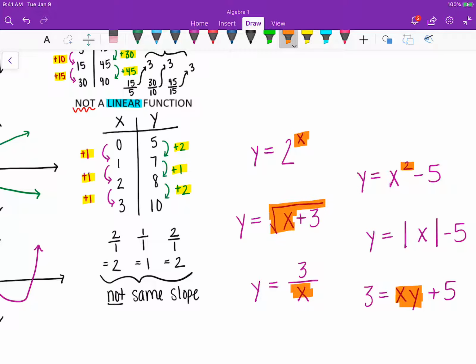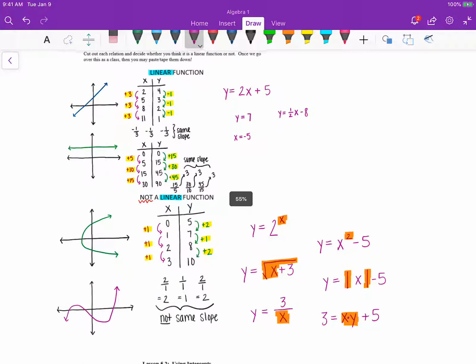X sitting in the bottom of a fraction here was not okay. The squared on this one was not okay. Absolute value bars, we know those make a V shape, so they are not a linear function. And then in the last example, x and y were being smushed by each other, which means multiply, and that can't happen for something to be linear.